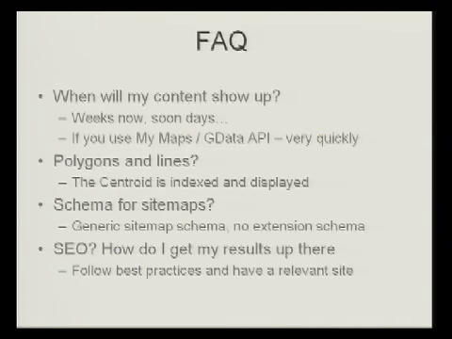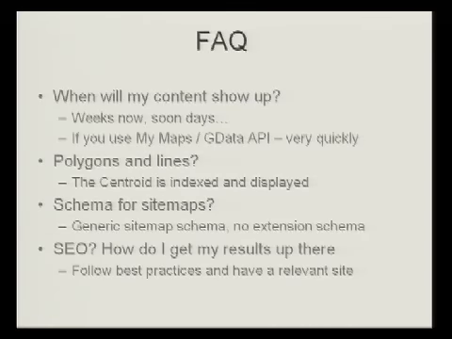Okay, so we have a few frequently asked questions. One is, when will my content show up? Currently, when you give us a sitemap, or when we crawl a site, it's a matter of weeks. Pretty soon, it will be a matter of days. If you use My Maps, and particularly the new GData API for My Maps from the talk before this, it's very quick, though we don't reveal how quick.